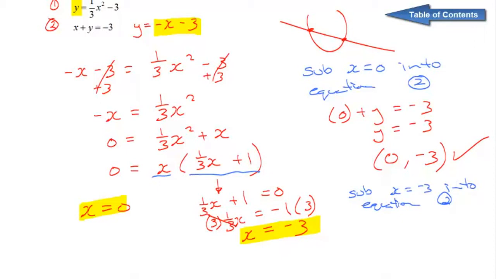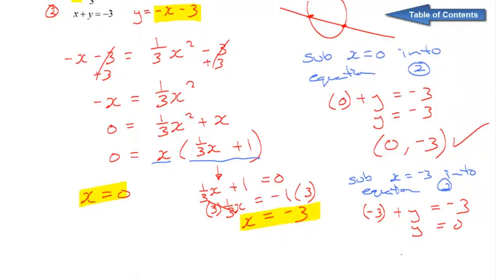So, substituting it in, we would have negative 3, substituting with brackets, of course, plus y is equal to negative 3. If you add 3 to both sides of the equation to isolate y, we get y is equal to 0. And so notice that the second ordered pair that we get is the ordered pair (negative 3, 0). So that tells me that I have two solutions, and one is at (0, negative 3), the other one is at (negative 3, 0).